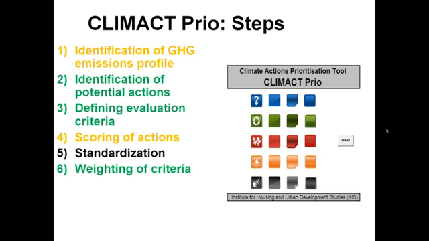Then, having the first idea of how the different actions perform after the standardization, translating all the different measurement units into one, the next step is quite important for the whole process, because not all objectives or criteria have the same relative importance. In developing countries' context, local economic development, generation of jobs might be much more important objectives than reducing greenhouse gas emissions.